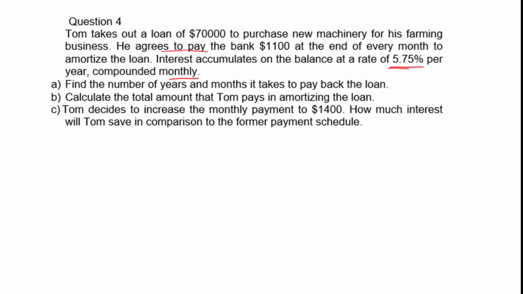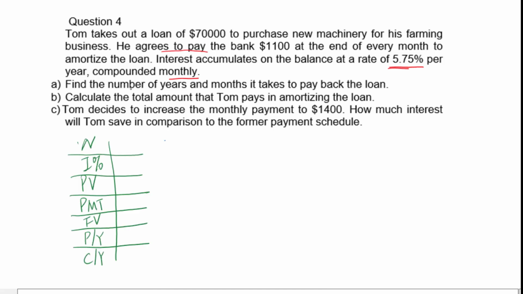We got to use the TVM solver. So let's draw the table. We are looking for the number of years and months, so N is a question mark. Interest is 5.75.